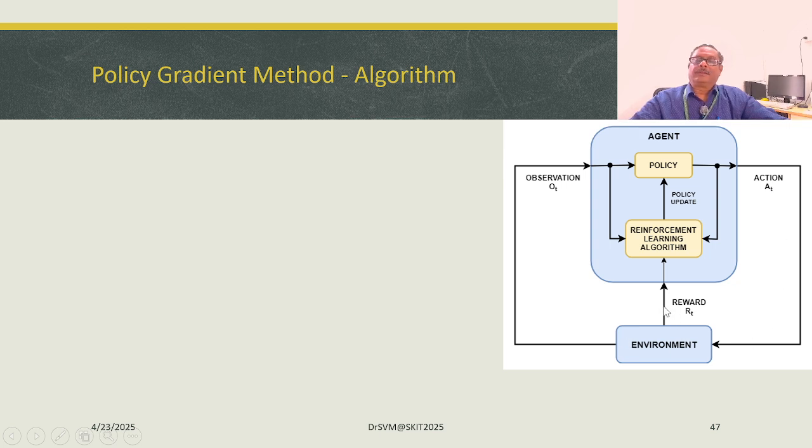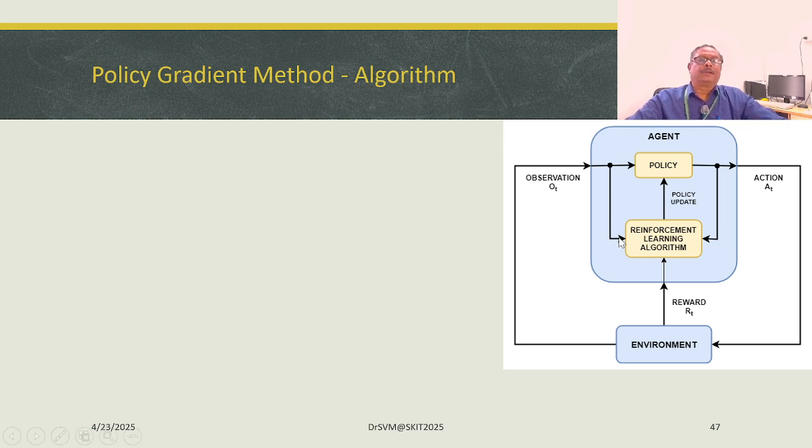For that action, there will be a reward, and this reward will be fed to the reinforcement learning algorithm. If the reward is not satisfactory, then the policy will be updated. Because of this, better actions will be taken, and because of better actions, better rewards are expected. Because of this feedback, the whole system tries to learn better and better behavior.